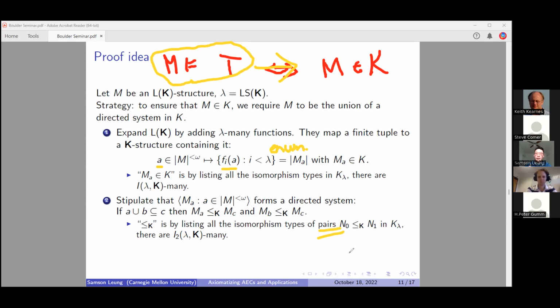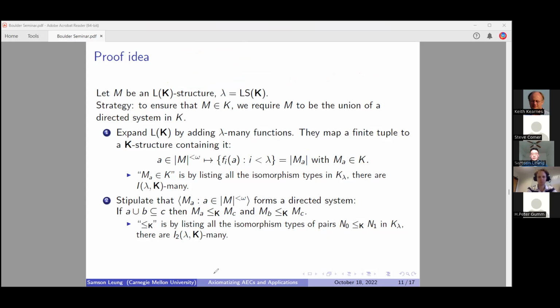And whenever you have a pair of models satisfying one of the isomorphism types here, then they're isomorphic to N_0 and N_1 respectively. So once you understand, let's say point one here, then point two is not surprising. You're just carrying out the same proof.